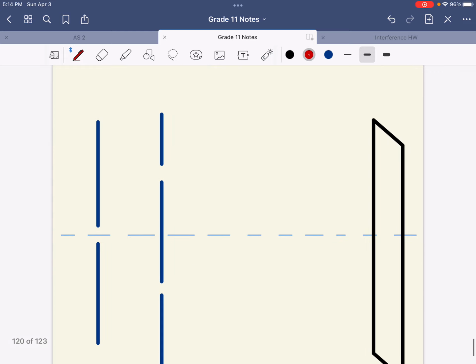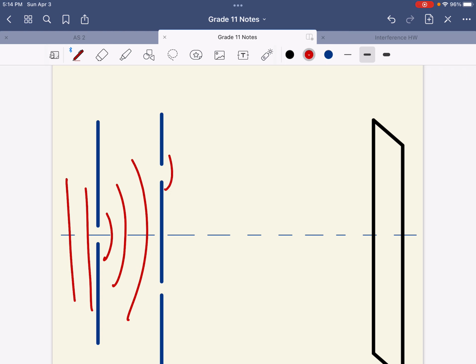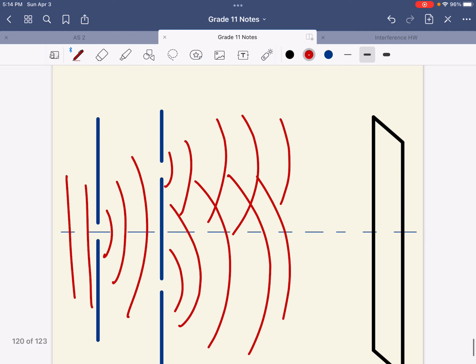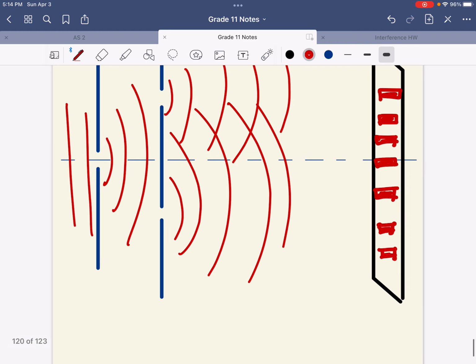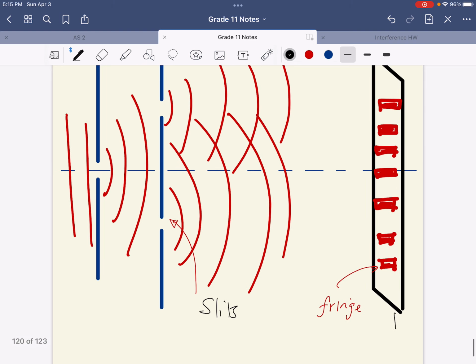Let's say we send a wave through this gap, so it spreads out from both slits and they interfere, and on the screen they make bright and dark places, or maxima and minima, like this. This is Young's double slit experiment. This is called a fringe. These are the slits, as I told you before, and this is the screen.